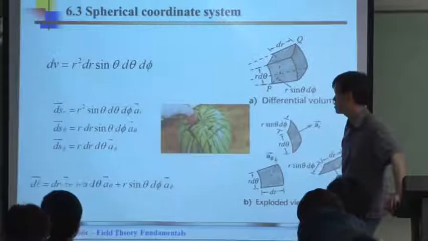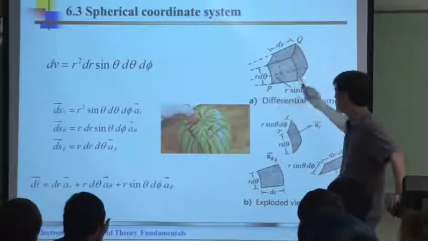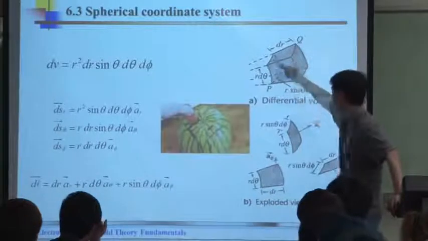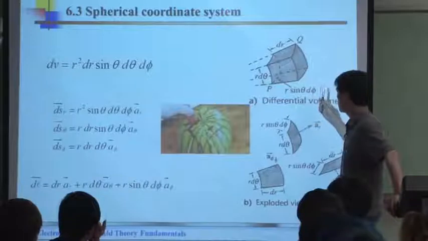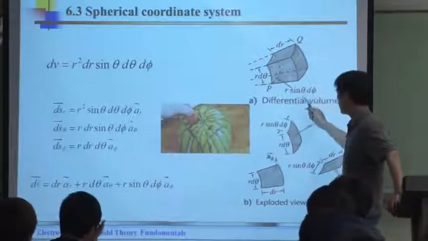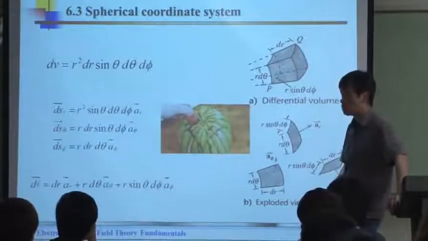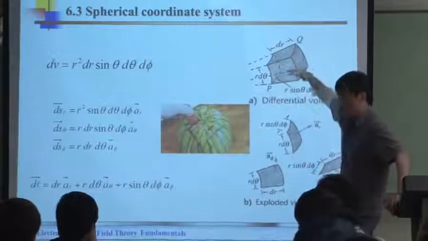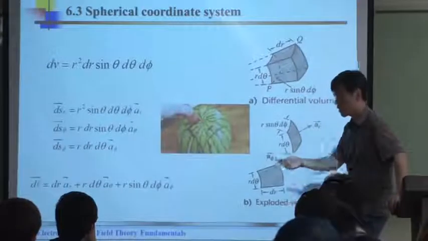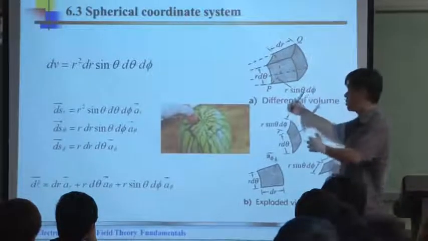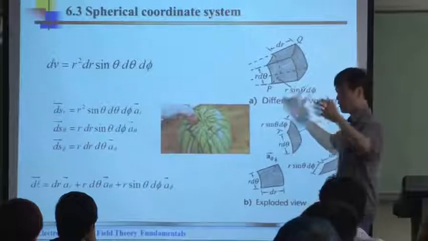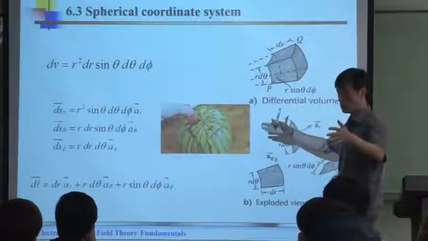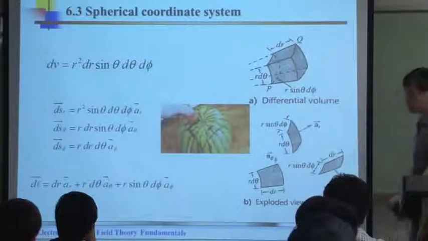So for this theta, the arc length is r d theta, and for phi it is r sine theta d phi. Why? In the case of the north or south, the length is much shorter, and at the equator, it has the full length of the radius.